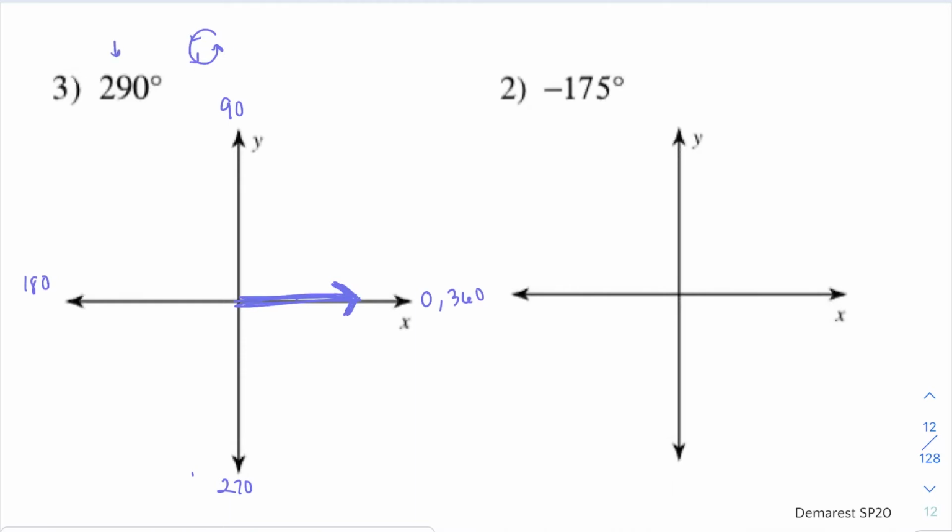I know it's going to be in quadrant 4 because 290 is between 270 and 360. So the first thing I figure out is, okay, I'm in this quadrant somewhere, right? Now that I'm in that quadrant, I need to determine two things. First, well, one thing, am I closer to the y-axis, the x-axis, or the middle of the angle?